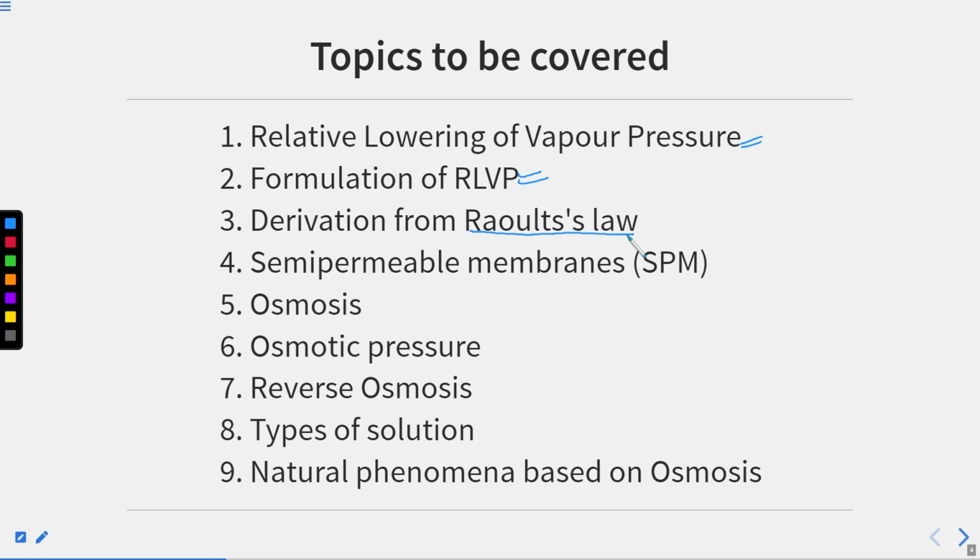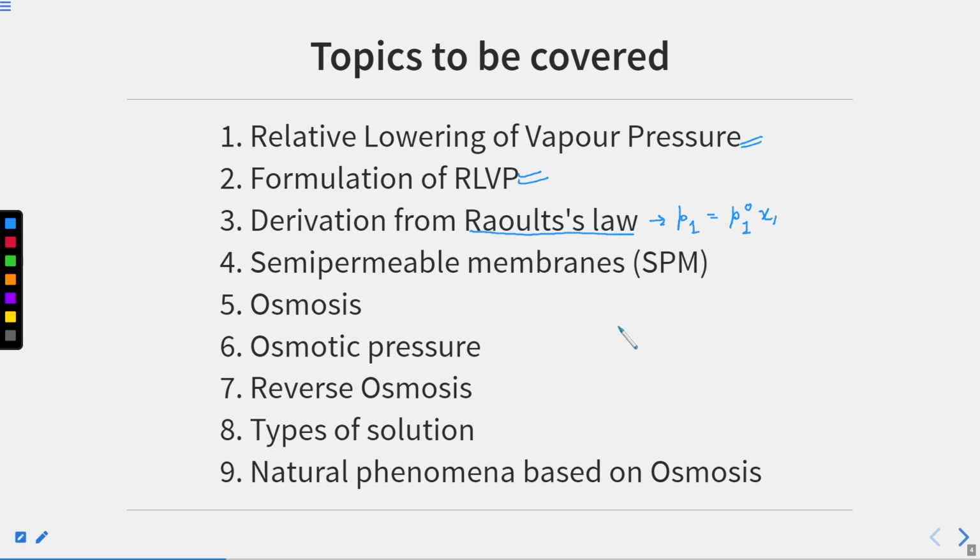So this was the statement of Raoult's law, and it is written as P1 equals P01 X1, where P1 is the partial pressure in the vapor phase due to the first component, P01 is for the pure solvent or pure volatile compound, and X1 is the mole fraction in the solution of the first component. So this was our Raoult's law.